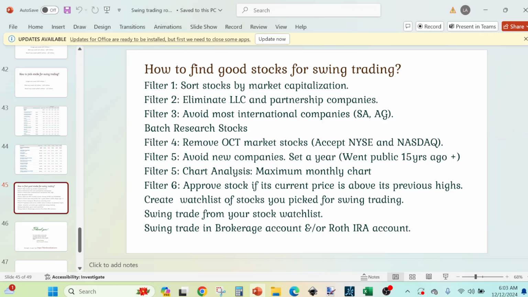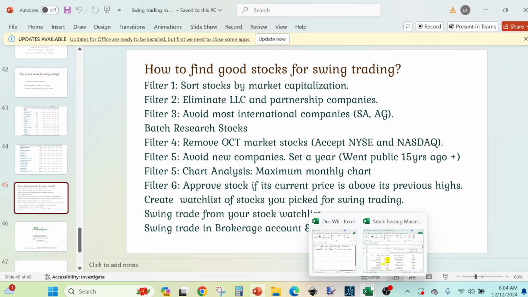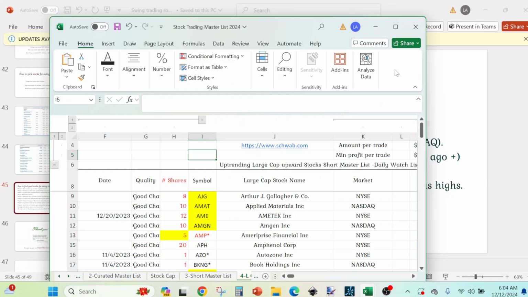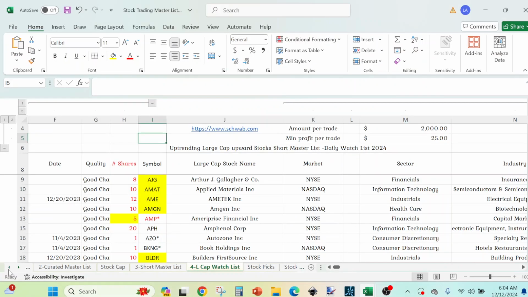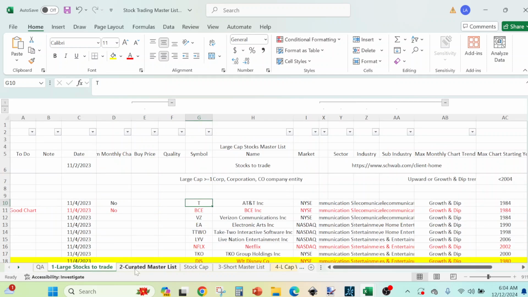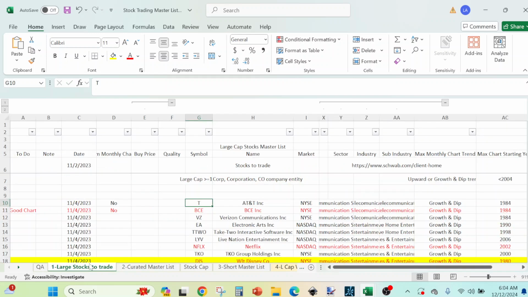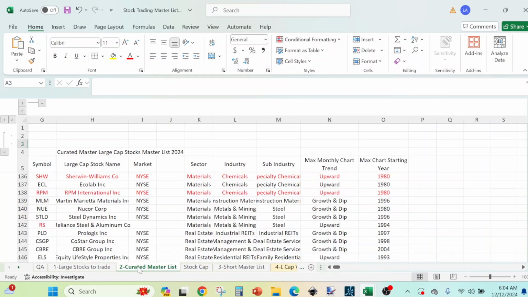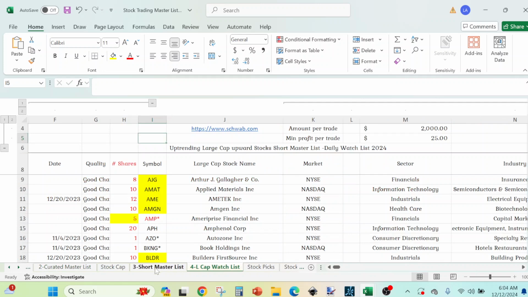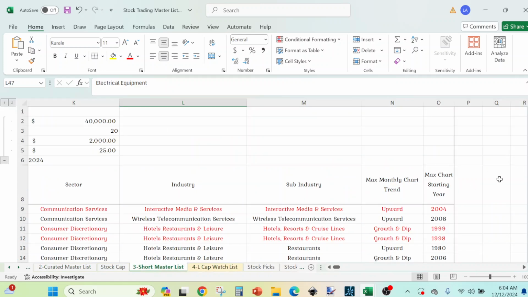It's good to have a stock watch list of good stocks. We start with large cap, narrow them to good ones that we can swing trade, from 350 to 150 or so of them, and then to a size that we can analyze on a daily basis, which is about 66 of them.